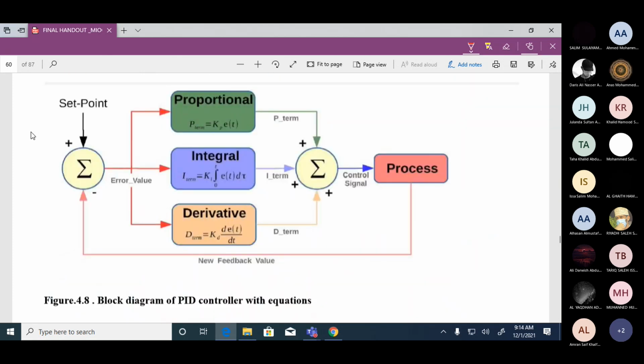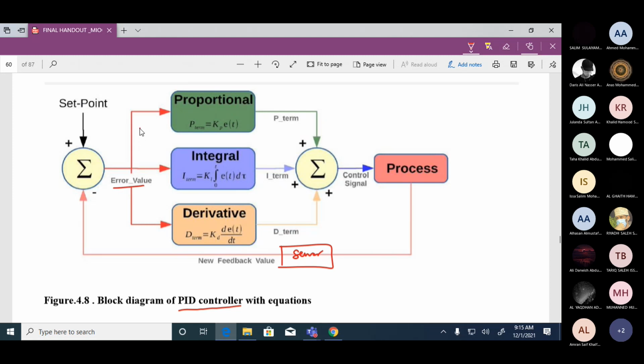So this is now the total block diagram of a process control, closed loop process control system with the PID controller. So you can see here, first of all, the process output is measured. There is a sensor block here. I have just not put it because we're just looking at the mathematics. So the process variable is measured, compared with the set point.